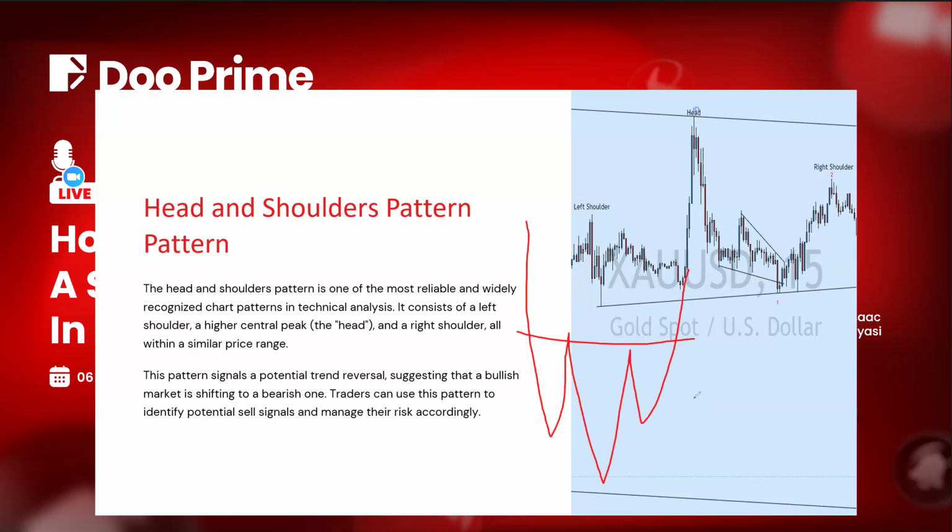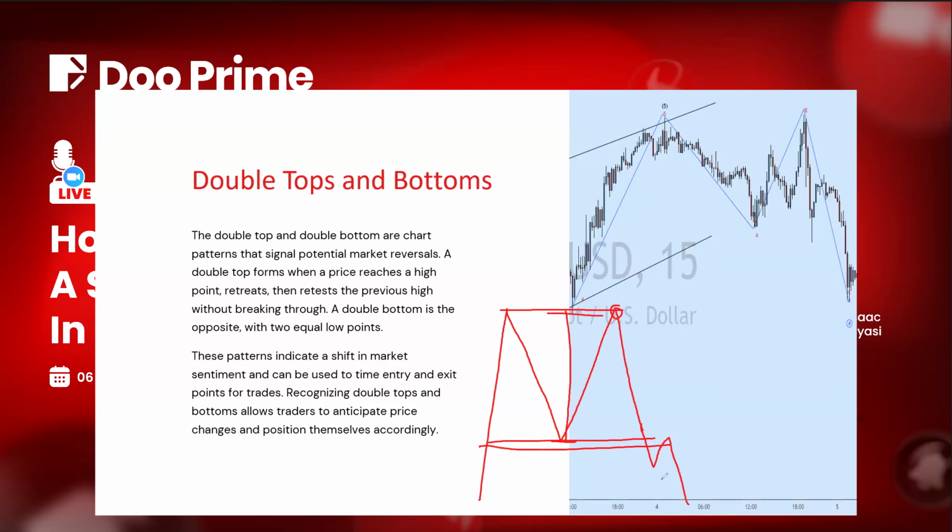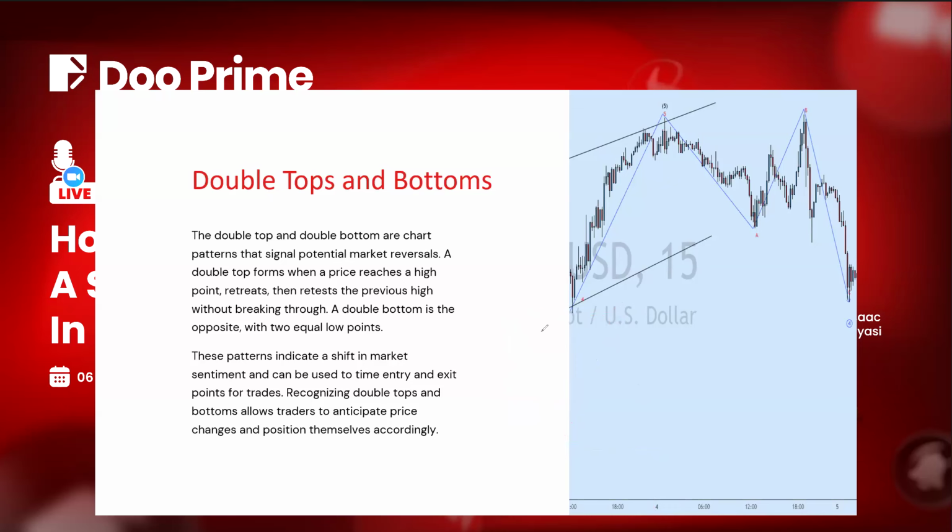Then when you break, you find a retest, and then you can also measure again from this top to this, and then you extrapolate it downwards. That's how you can trade this very pattern.